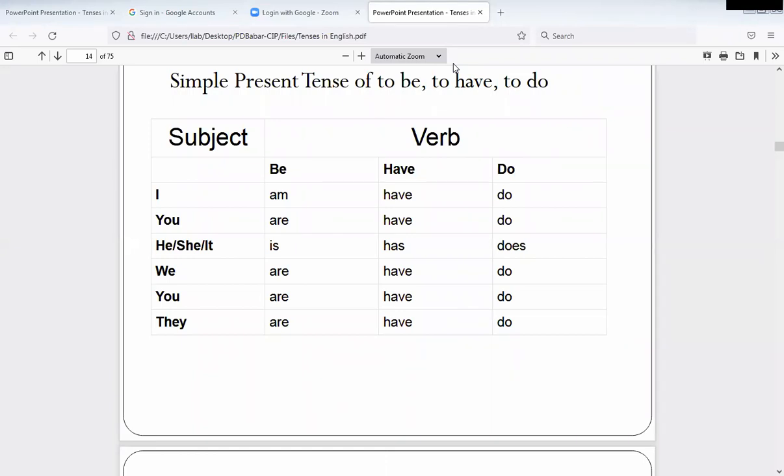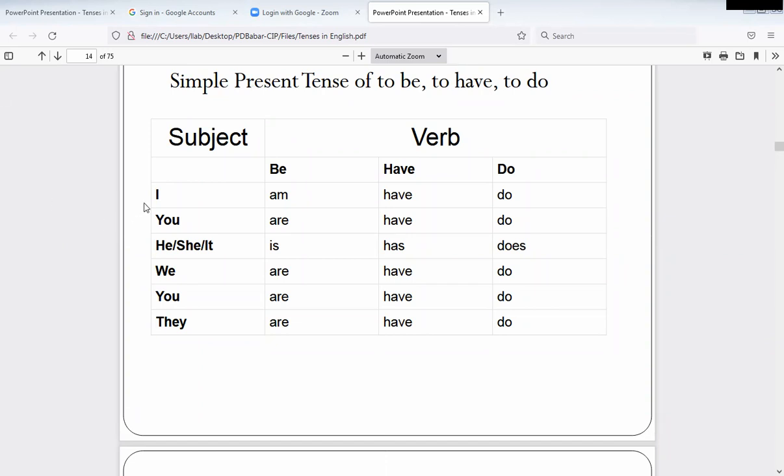Then have is used after they. They have cars, they have lectures, they have more than 2000 students in their class. Then they do have lectures, they do working. That we will use after they.